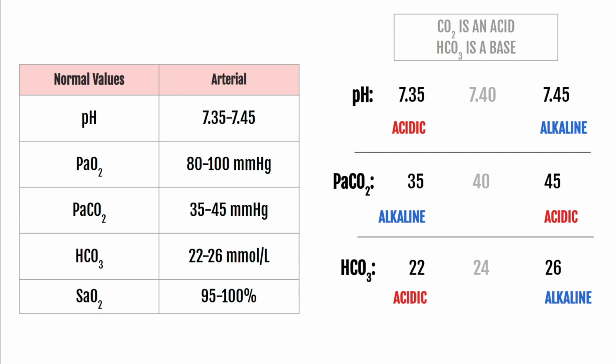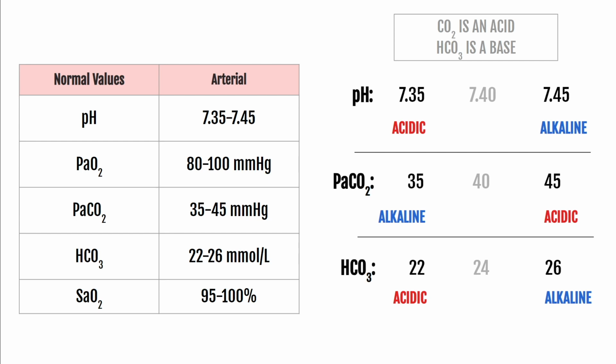First things first, carbon dioxide is an acid, and bicarbonate, or HCO3, is a base. Again, if you don't have this memorized, stop right now and memorize it. You need to know this in order to continue on. Alrighty, so now that we've gotten that out of the way, a normal PaCO2 is 35 to 45.